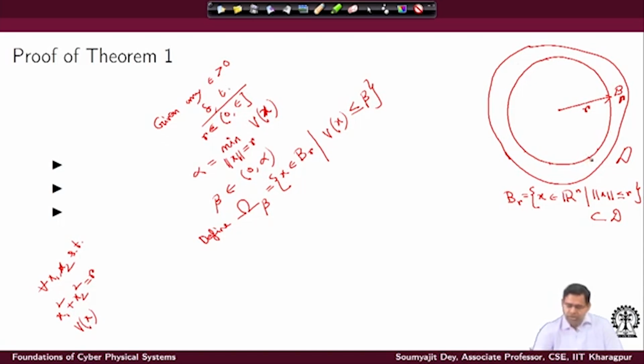And now we are trying to define this set omega beta, saying that we are considering all those points of Br, this sphere of radius r, for which the value of V x is less than beta. Now, let us say this gives me a region like this. So, this is my omega beta.